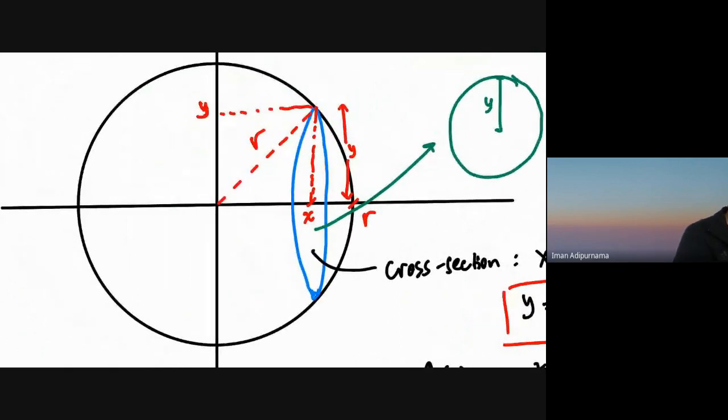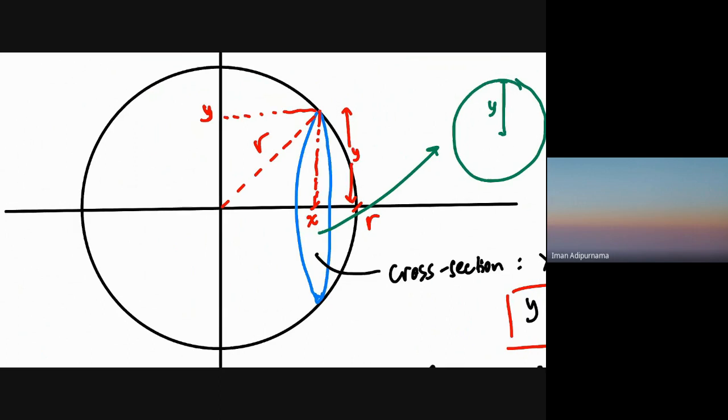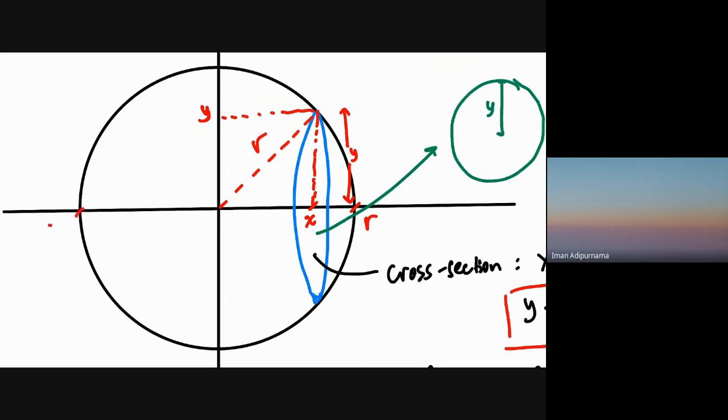If this is r, this is 0, and this is negative r in our coordinates, then the volume of the sphere is the integral from negative r to r.